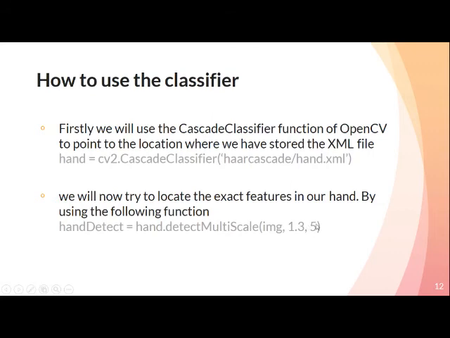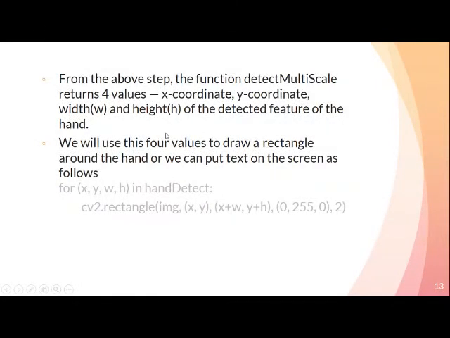And this is the minimum number of neighbors. If we have more than one of that object in the image, with a minimum number of 5, it will show only 5 objects. The above function will return 4 values: the x coordinate, y coordinate, height and width. We can use those 4 values to draw a rectangle around our object, right?